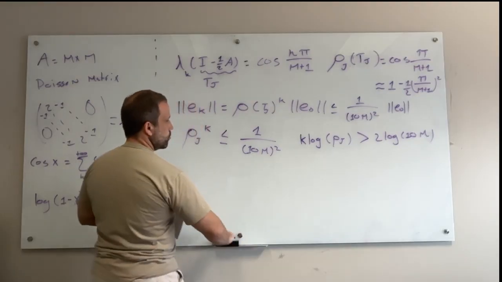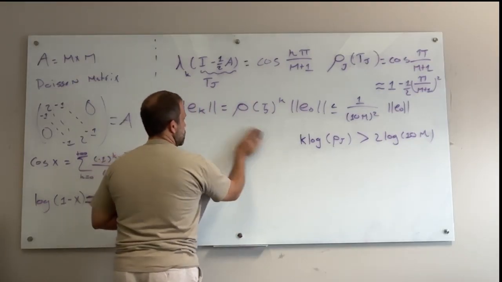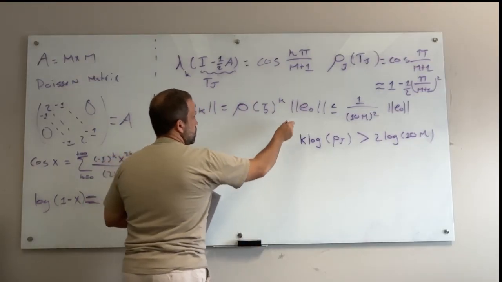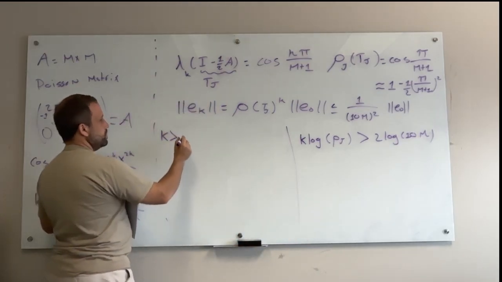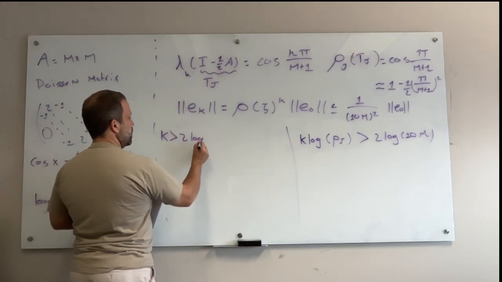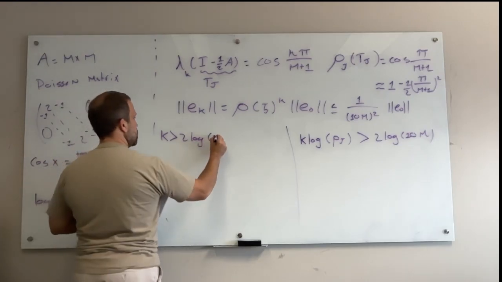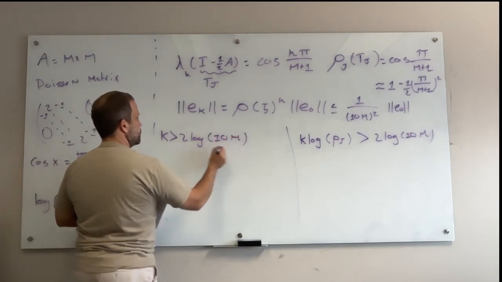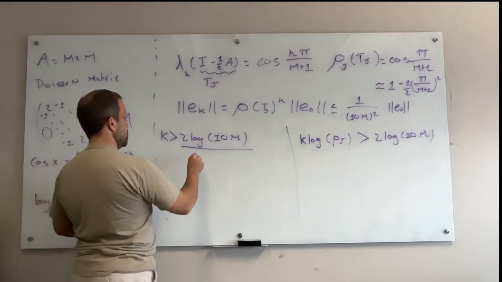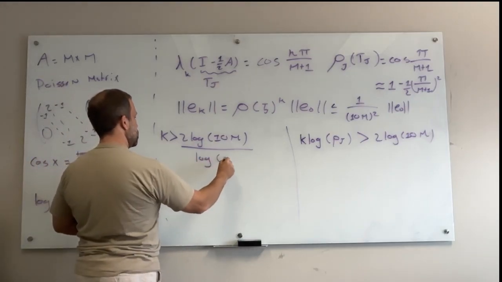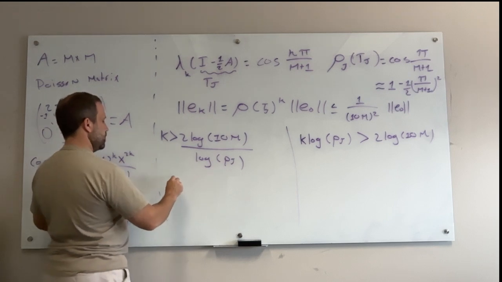Okay, so I need to rearrange things a little bit. What we want is k to be bigger than 2 times log of 10m divided by log of rho j.